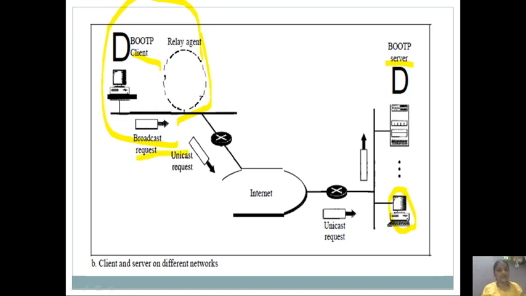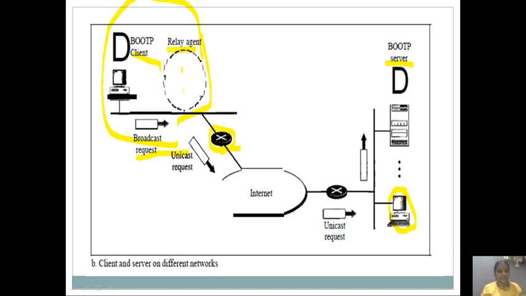Therefore, a broadcast IP datagram cannot pass through any router. To solve this problem, we are using the relay agent. The relay agent knows the unicast address.